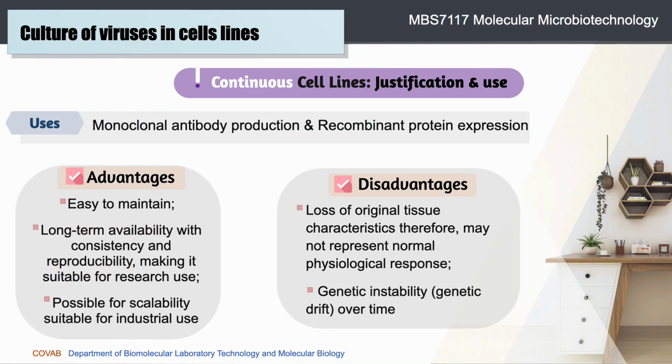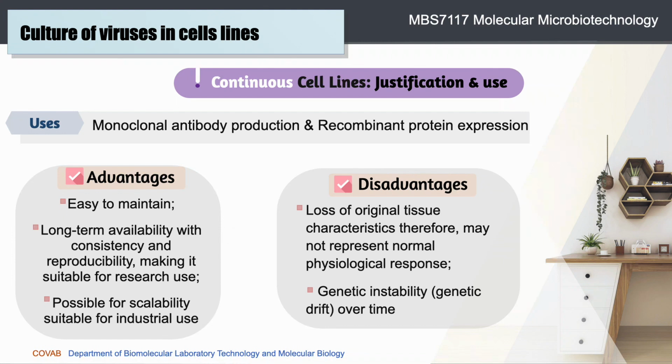Let's justify their use. They're used in monoclonal antibody production and recombinant protein expression. What are the advantages? They're easy to maintain. We've seen that we can subculture them continuously for almost an indefinite period of time.